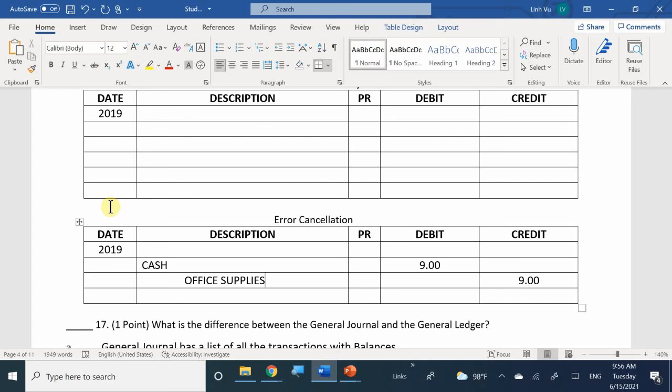Then you made a double error and have to make another journal entry to fix it. If I were to say office supplies for $9 in cash, now my office supplies is outstanding for $74 instead of 56. So you have to be very careful.